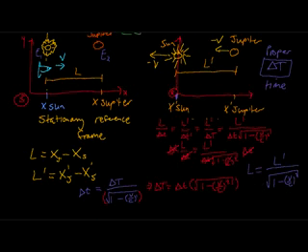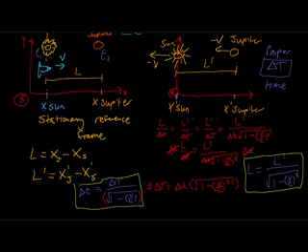So here you get a relationship for the two lengths in the two reference frames. L is equal to L prime divided by the square root of 1 minus v over c squared. So this gives a relationship just like our equation for time dilation. This gives our equation for length contraction.